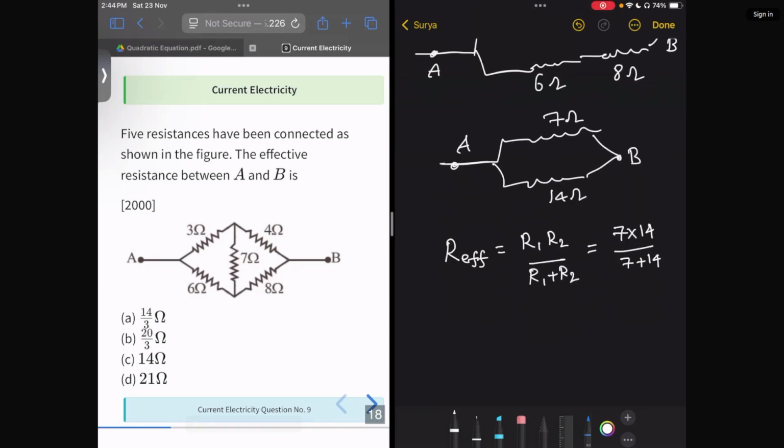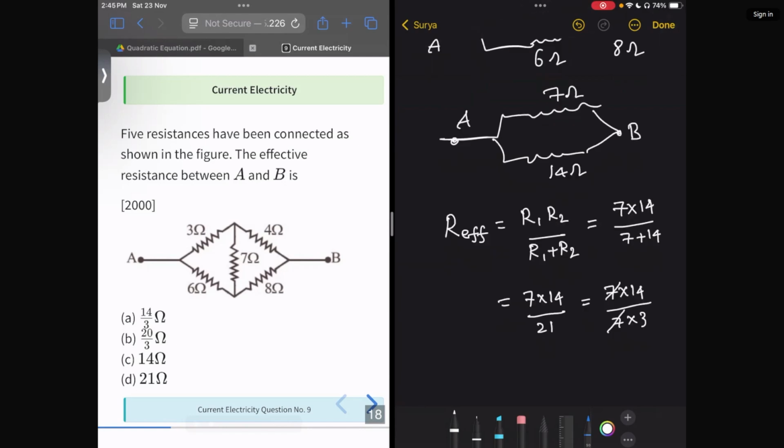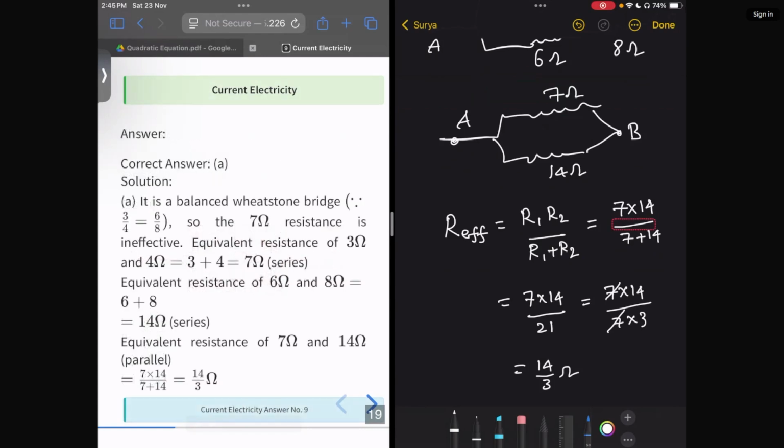So it will be 21. 7 into 14 will be 21. So it is 7 into 14, it is 7 into 3. 7, 7 cancel. So 14 by 3 is the resultant resistance.